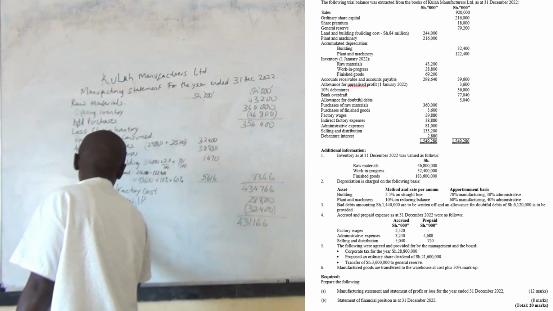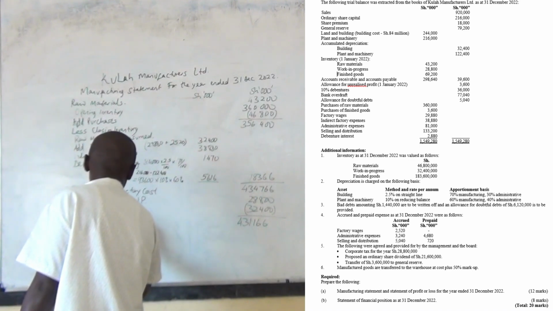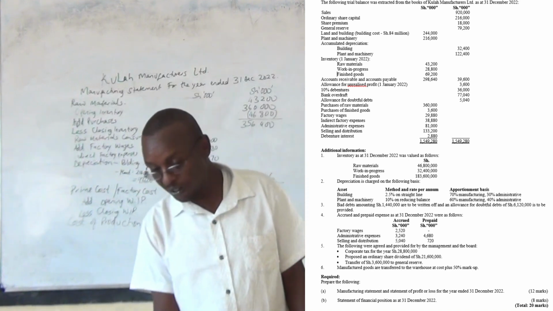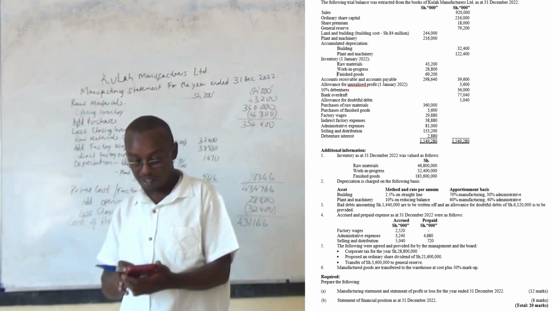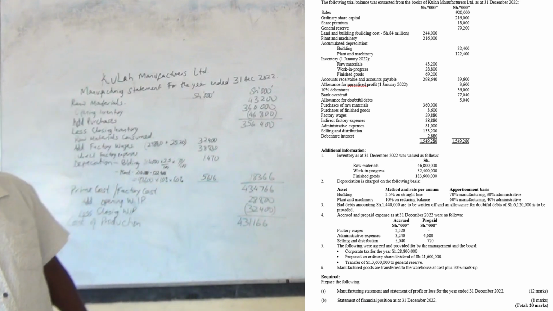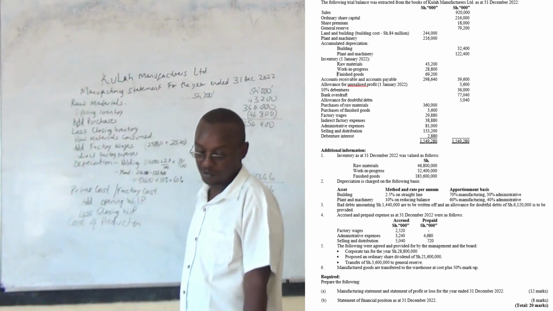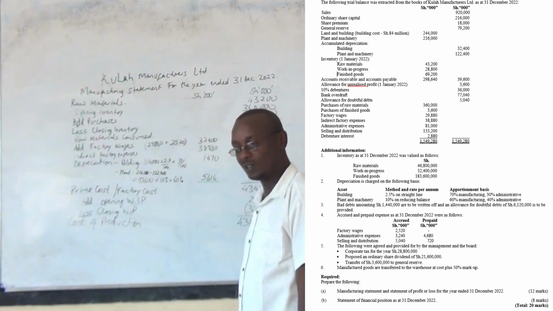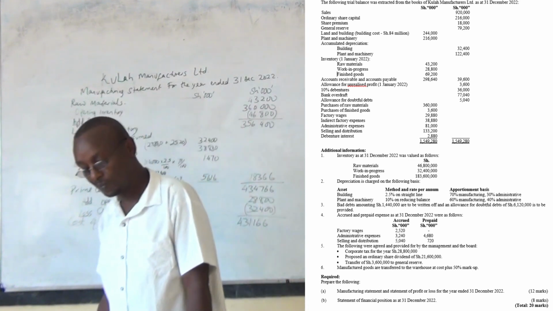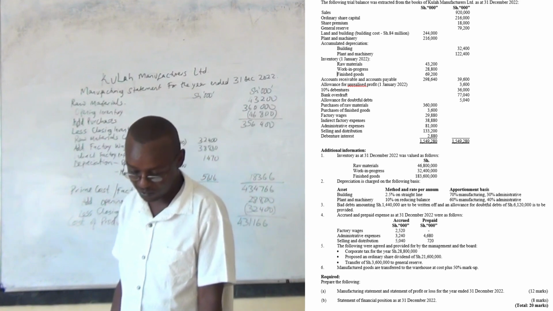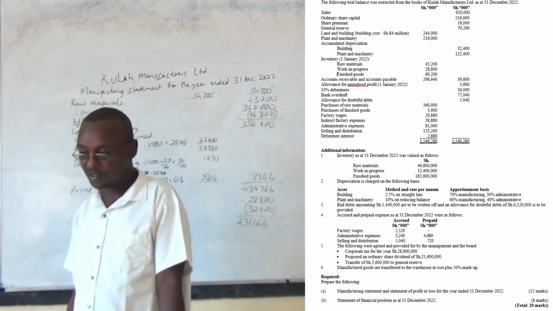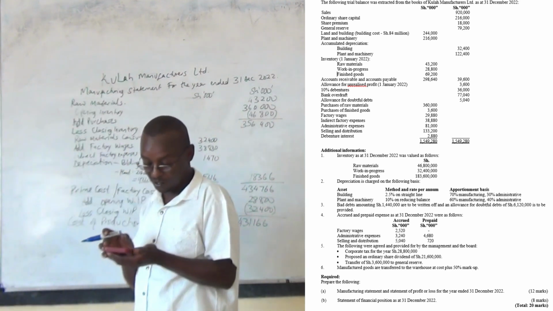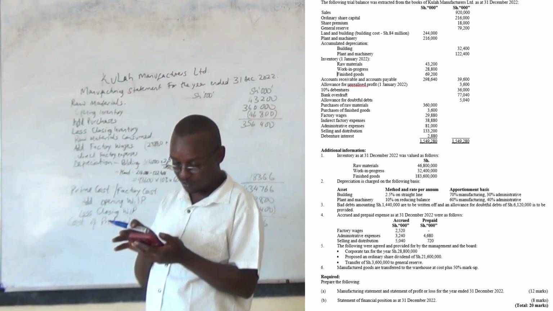Some questions can end there. Others did not have work in progress. Then you'll find that there is a transfer price. Some companies transfer goods at a certain price, the transfer price of finished products.